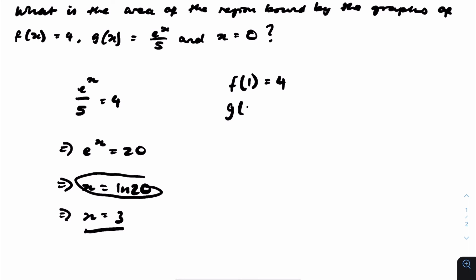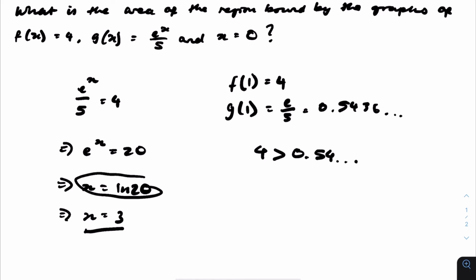Then g(1) becomes e^(1/5), so that's just e divided by 5, which gives us about 0.5436, but it doesn't really matter how many decimal places we write this out to. 4 is greater than 0.54, so that means f(x) is greater than g(x) in this region.